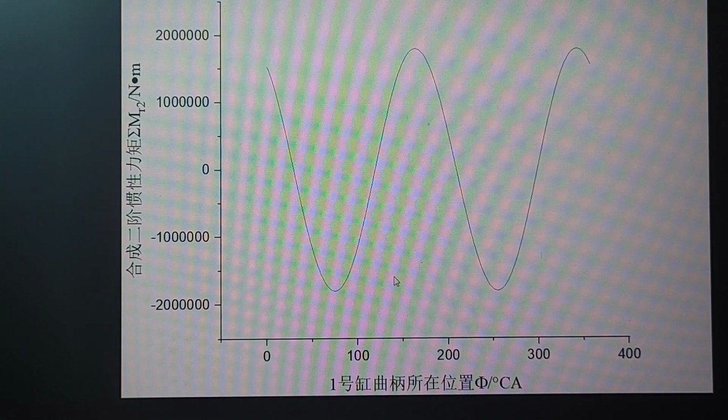This is the composed second order inertia force torque, referring to the position where the first crankshaft angle is.